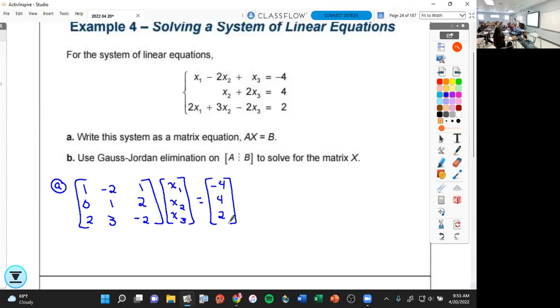Now it says use Gauss-Jordan elimination on A, B. Notice it's ignoring the X, isn't it? Because by using Gauss-Jordan, what's happening is we're going to change my coefficient matrix into what? Using Gauss-Jordan, coefficient matrix becomes what matrix? Go say it. I think you're about to.